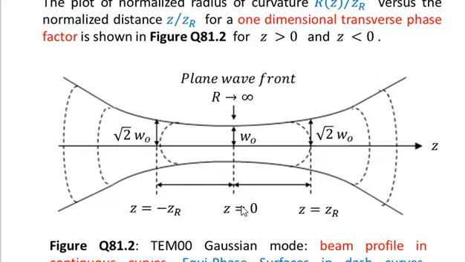And you see that we have shown the beam waist over here. At Z equal to 0, we have the beam waist W naught as the radius of the beam spot at the location Z equal to 0.